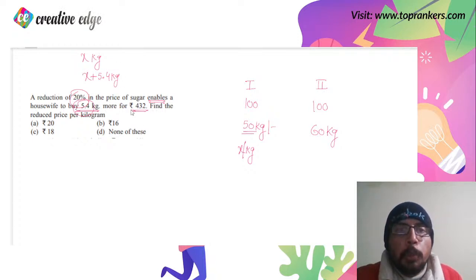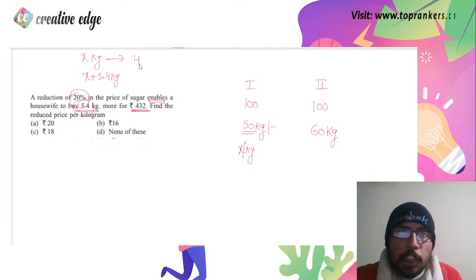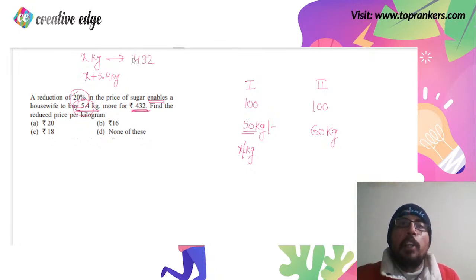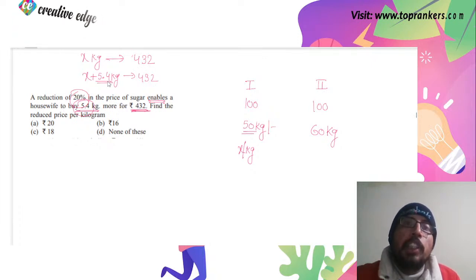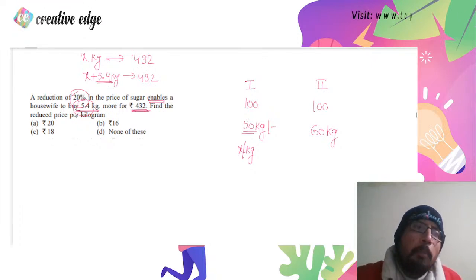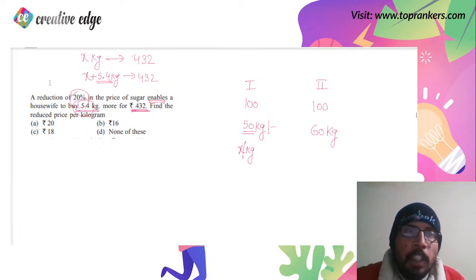Earlier also she used to pay 432 rupees for buying x kg. This time also she is paying 432 rupees, but this time she is getting 5.4 kg extra. Why is she getting extra? Because the price has been reduced.